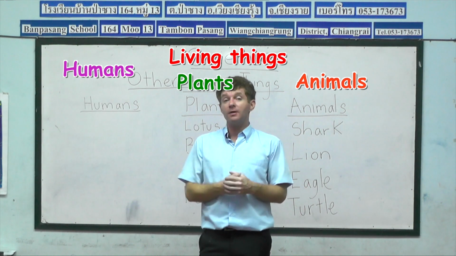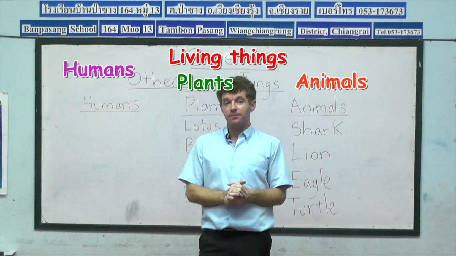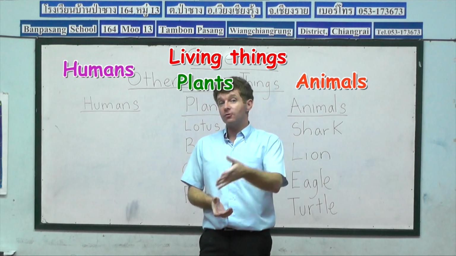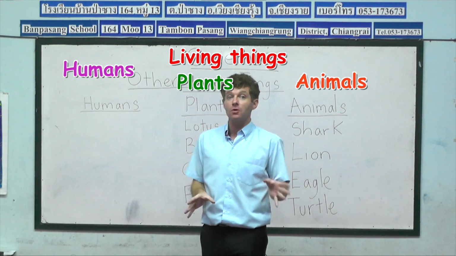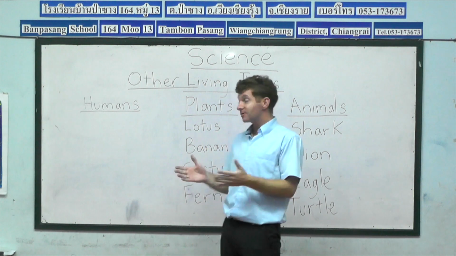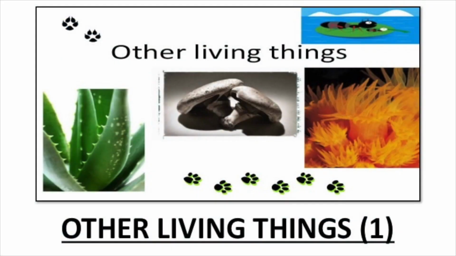So we just call them other living things. And now we've got a PowerPoint presentation for our students to observe and listen to about other living things. So let's turn to look at the TV screen, guys. So let's take a look at our PowerPoint presentation about other living things.